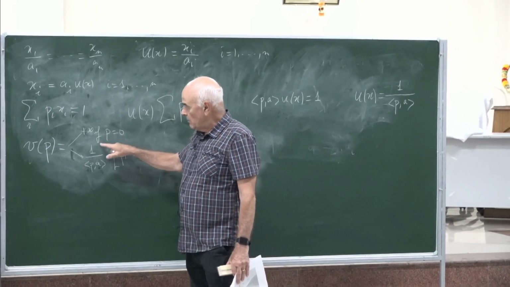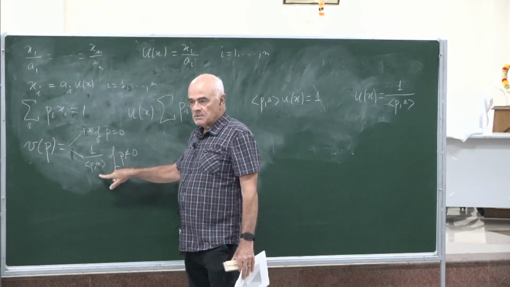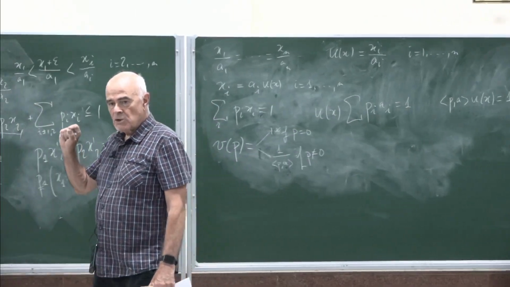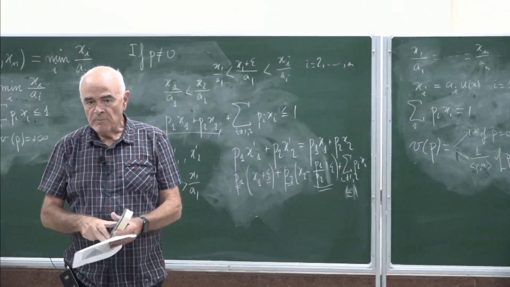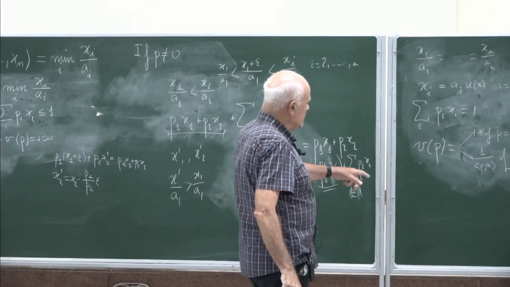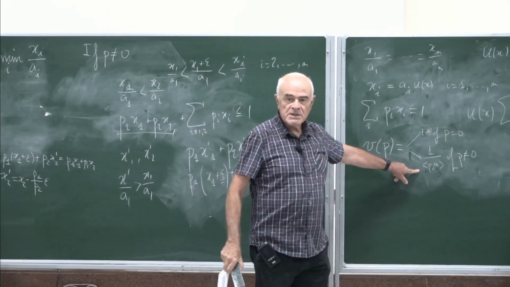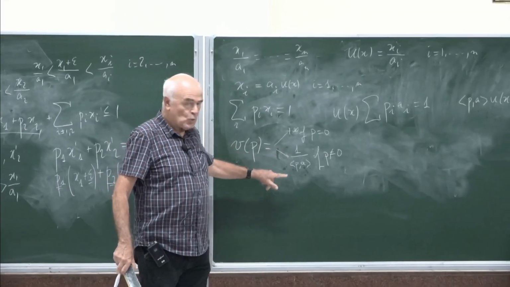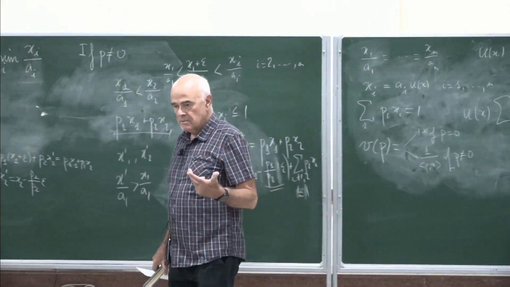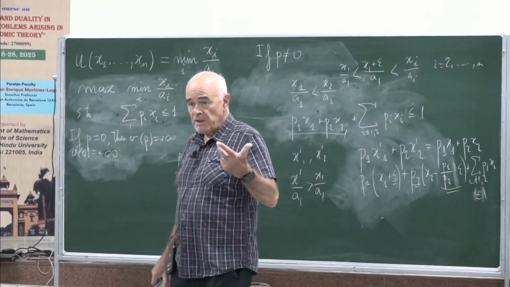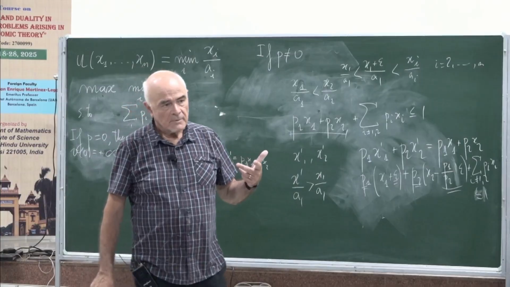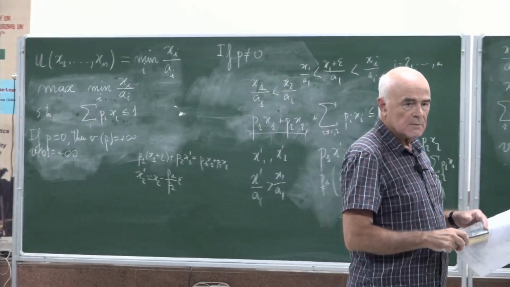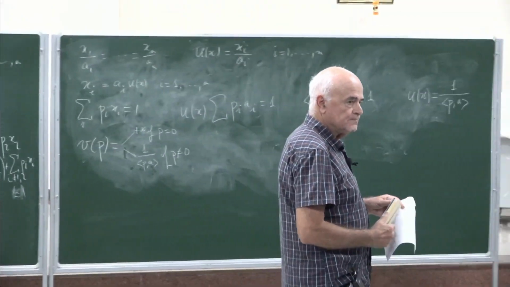So you care about the reciprocal. I mean, you prefer a supermarket in which this cost is lower, so in which this quotient is higher. So the higher v of p, the better p is for you, the better supermarket. Is this explanation clear?